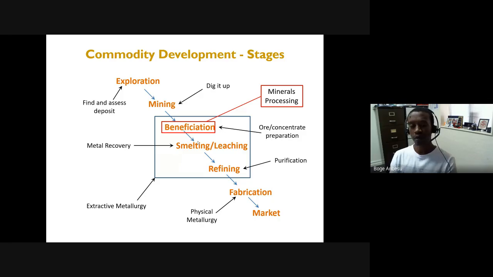So once we have this thinking in our head, then we can talk about the different stages, and how you optimize different stages. All those things can follow. But at least in our head, we need to have this nice flow of how material or resources are extracted from the ground.